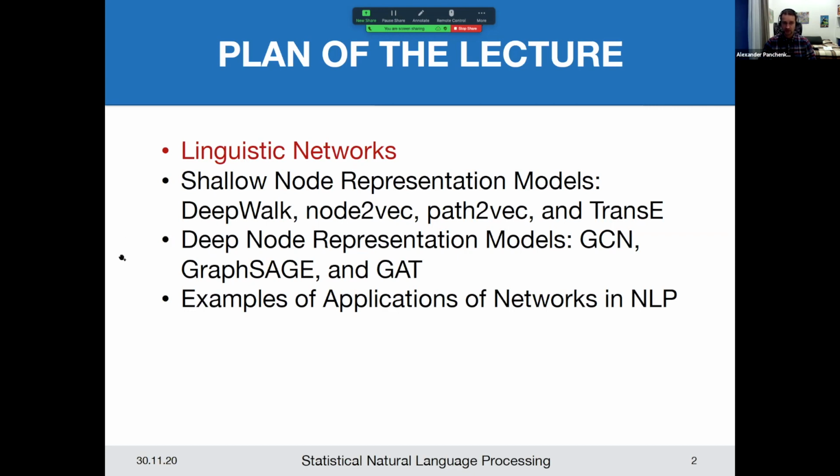And the third block of this lecture will be about deep representations, which rely on more complex architectures. So we will consider three of them: graph convolution networks, GraphSAGE, and graph attention networks. And finally, we will conclude this lecture with some examples of applications of such techniques.